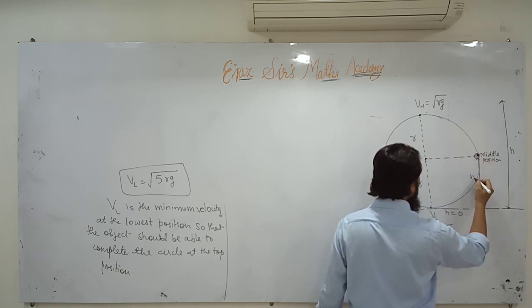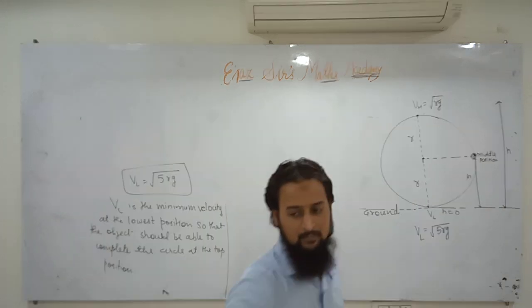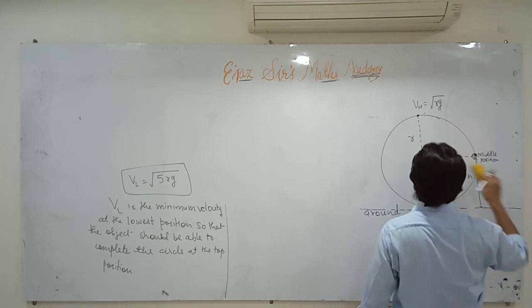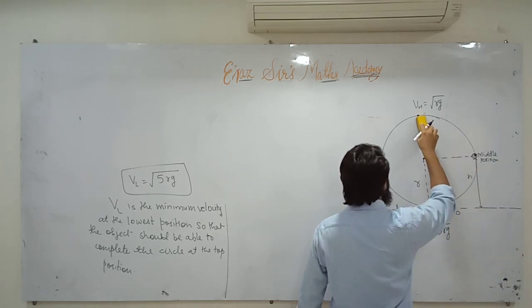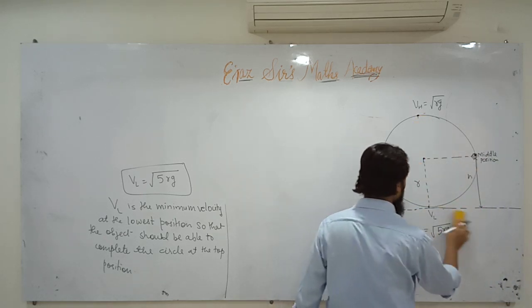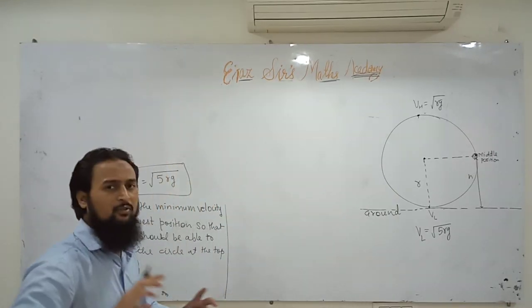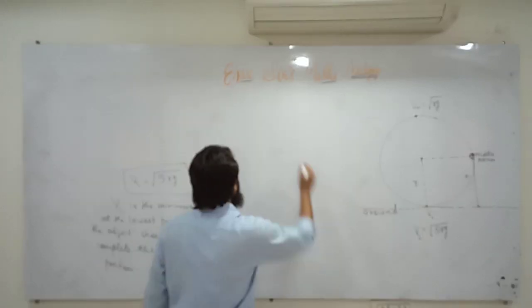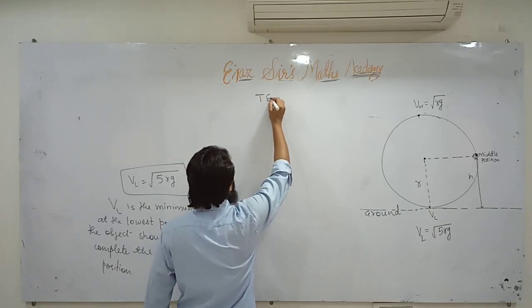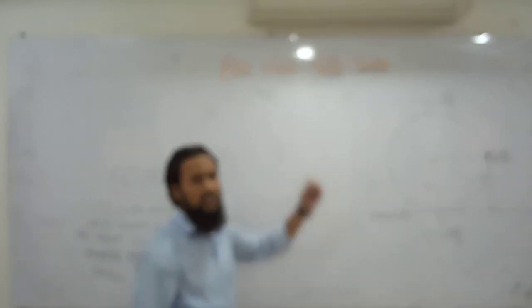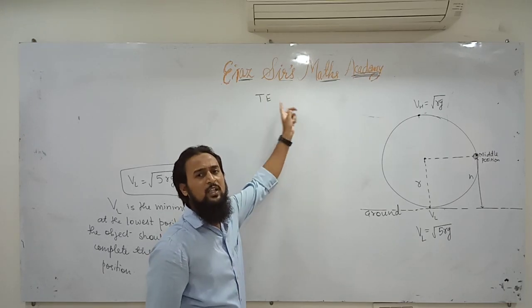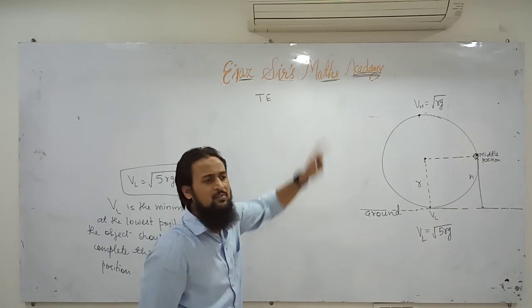Its height will be only h. Again, we will follow the same trick. Total energy, if we take total energy at the highest point or at the lowest point, it will give the same answer.